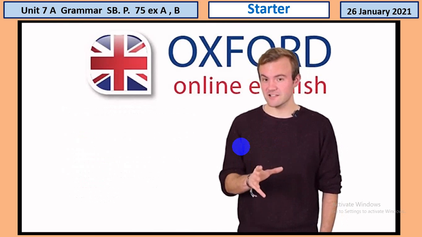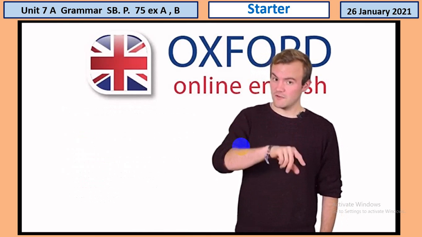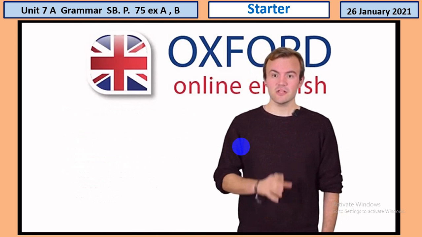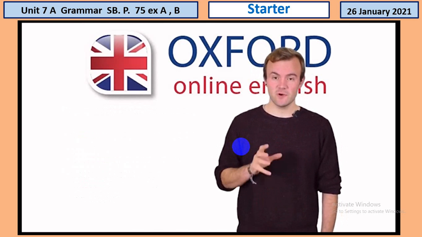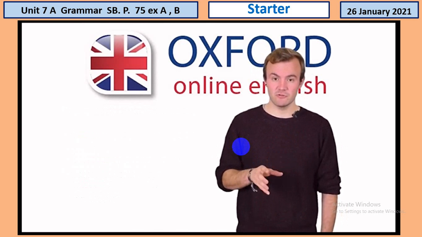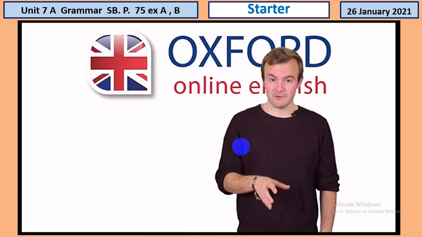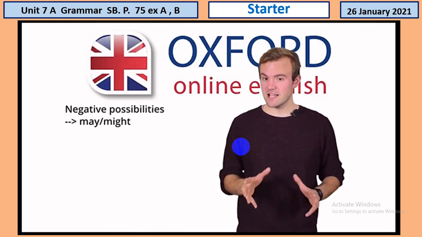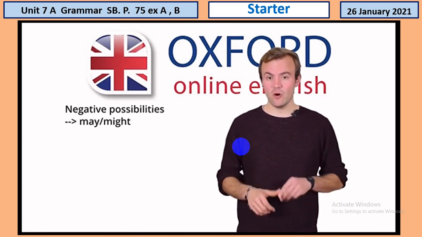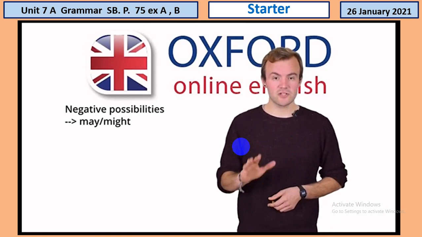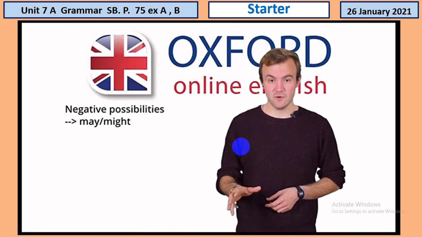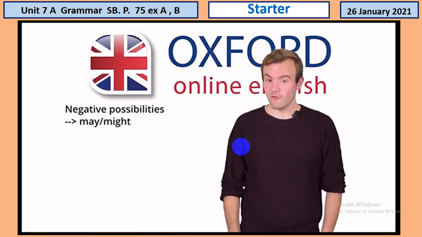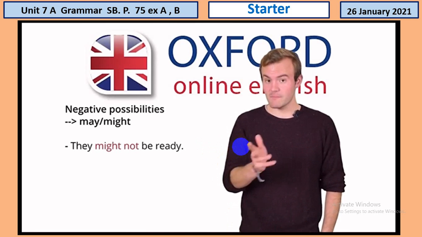Also make negatives by adding not after the modal verb. Use negatives to say you think it's possible that something is not true, or that something will not happen in the present or the future. In this case, you can only use may or might. You can't use could to talk about negative possibilities. For example, they might not be ready.